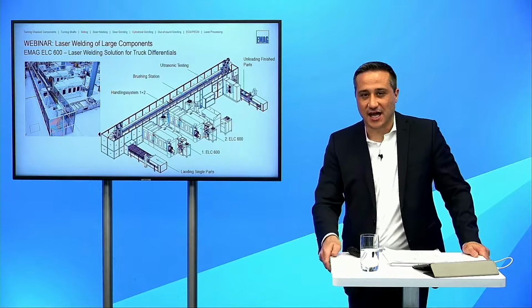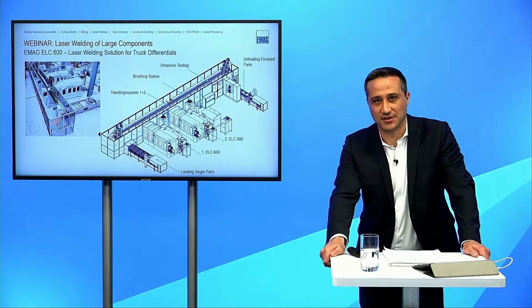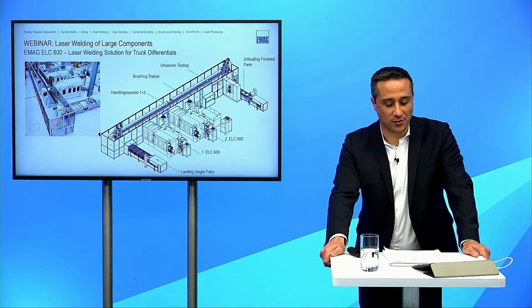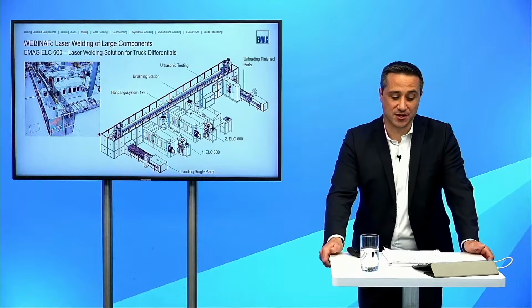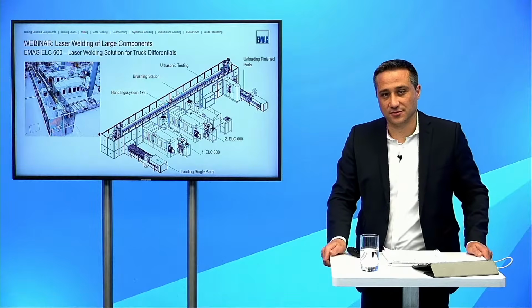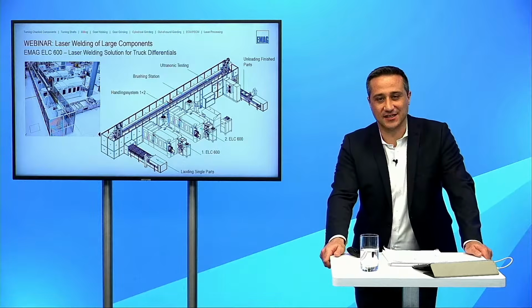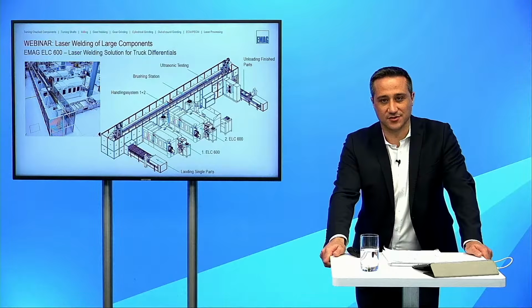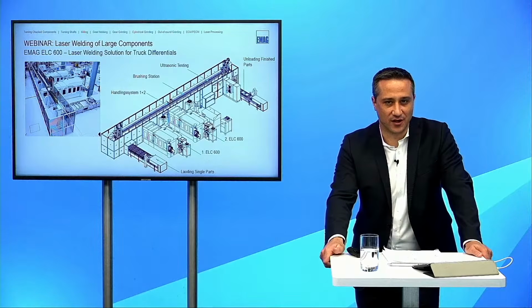But we easily start with a manually operated machine, including laser source, at approximately 1.1 to 1.2 million at the very beginning. So it is always a question of how fully automated it needs to be, but at the end, this is exactly the right way. We ask you to have a very first meeting, and then let's go through the details, and then we figure out what a budgetary number could look like.